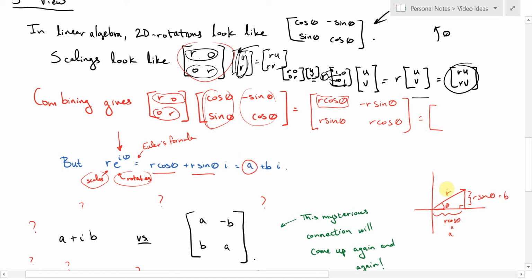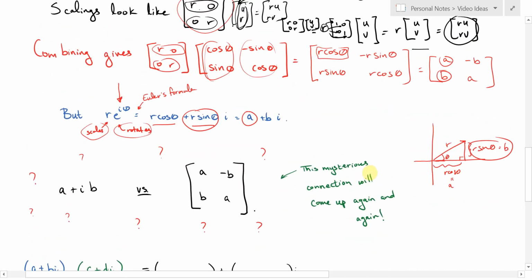It's the real part, so that's the real part of the complex number. And this negative r sine theta, well, r sine theta is b. That's the imaginary part, so that's negative b. So then if we fill out the rest of it, r sine theta is b and r cos theta is a, you get this interesting matrix built up out of the real and imaginary components of your complex number.